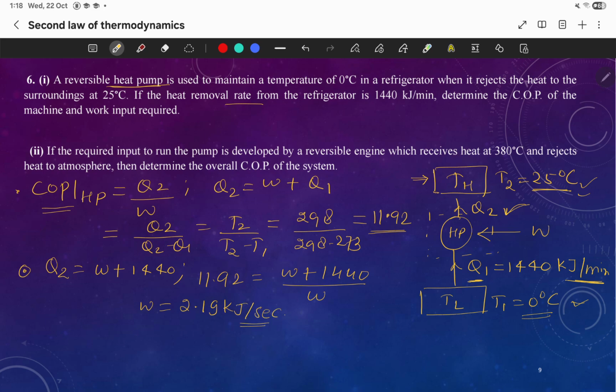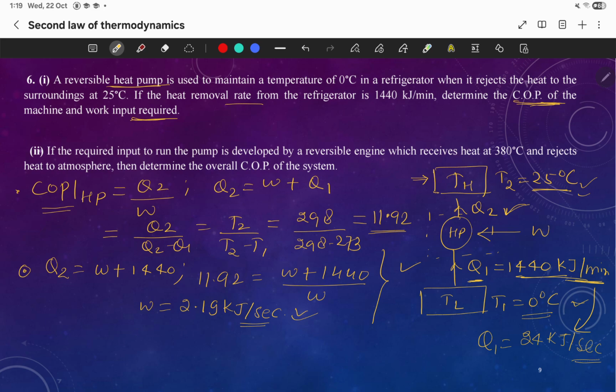We have taken Q1 as kilojoule per minute, so divide it by 60, we get 24 kilojoule per second, right? So the unit of W will be 2.19 kilojoule per second. I think we have calculated all the things: the COP of the machine and the work input required.